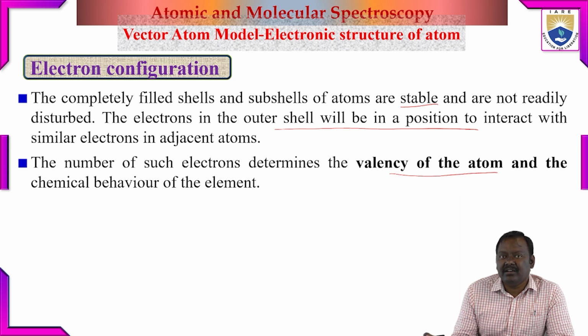So the material property depends on the electronic structure of the atoms contained in the substance. So the electronic structure of an atom is very important to identify the material or to identify the property of the material.